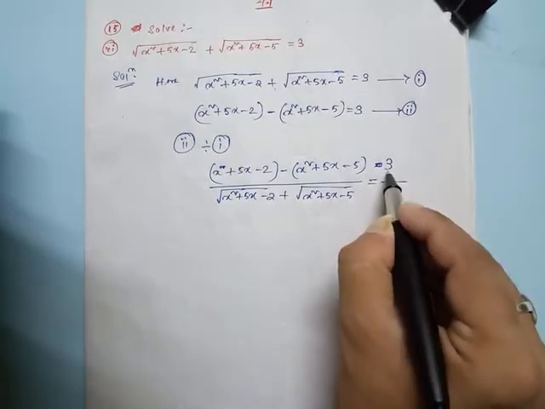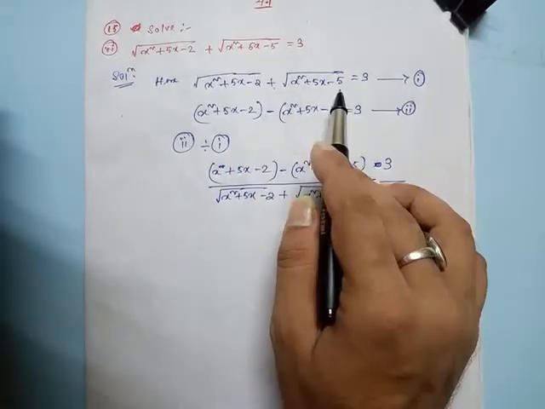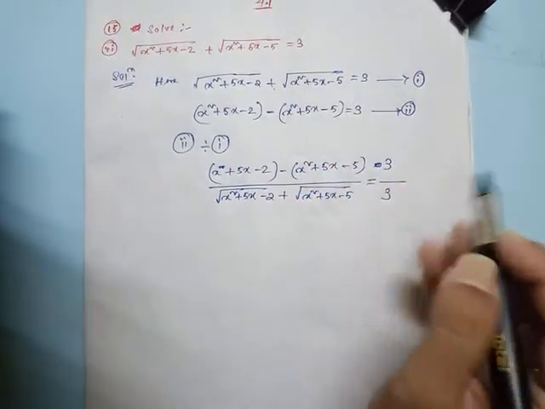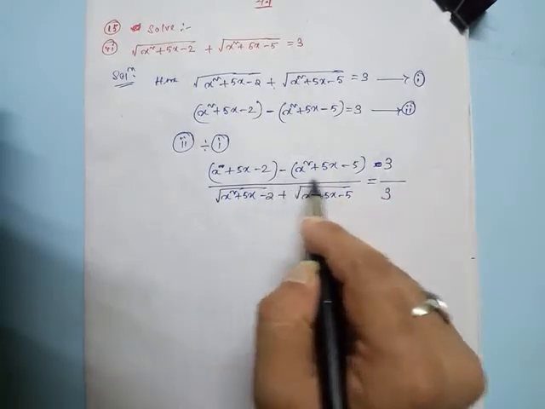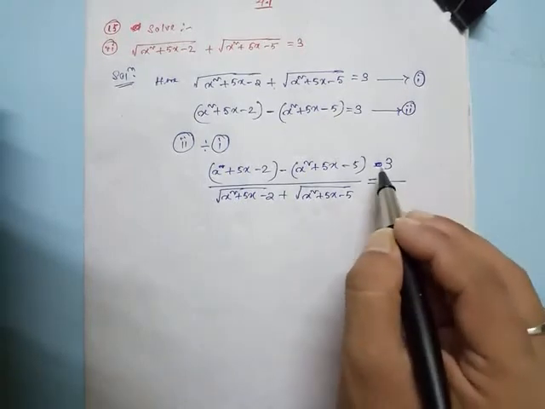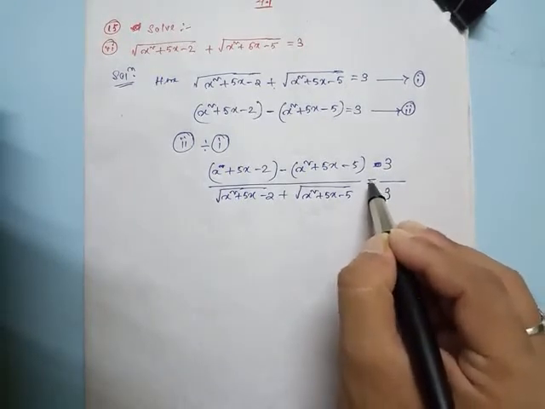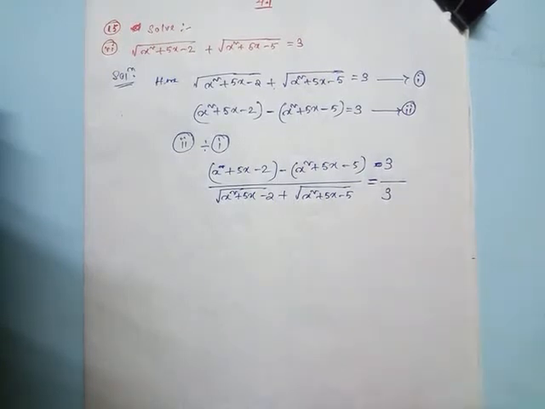Sorry, these 3 belong to equation number 2 and these 3 belong to equation number 1. I have not given an equal sign here because I have already given one.